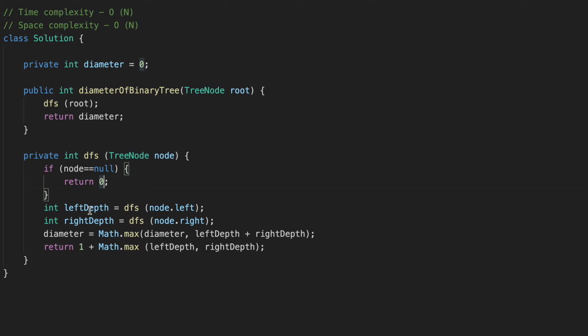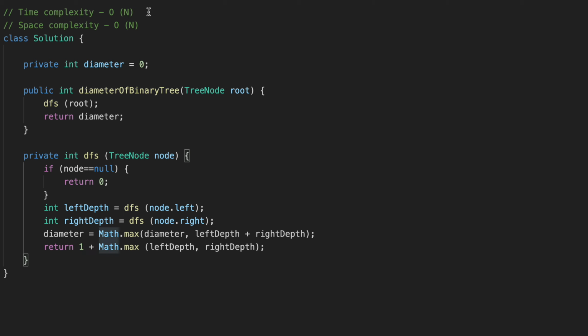And for each node, this is our first rule, right? We are calculating the depth of our left subtree and the depth of our right subtree, and we keep updating our diameter here. And once we are backtracking, we are taking either the left or right subtree, whichever is the longest one, plus 1, adding the length of that particular node.